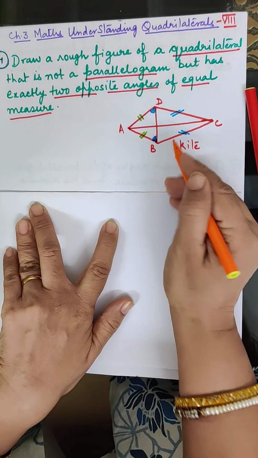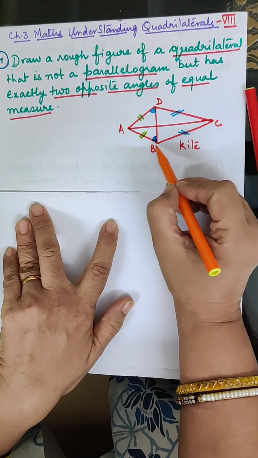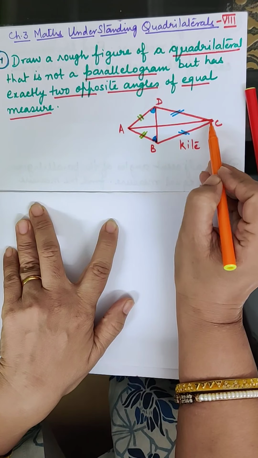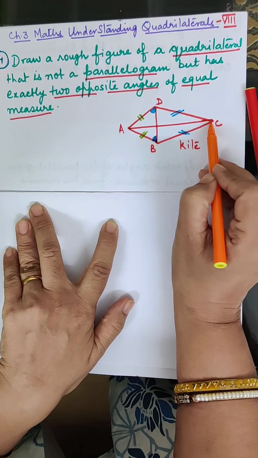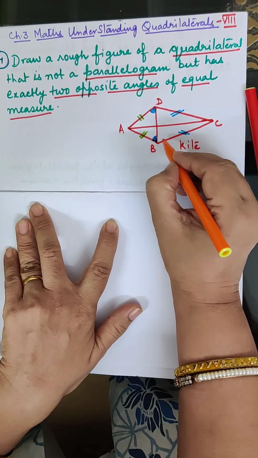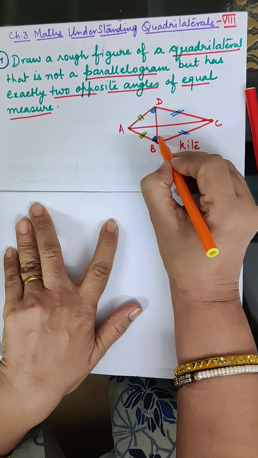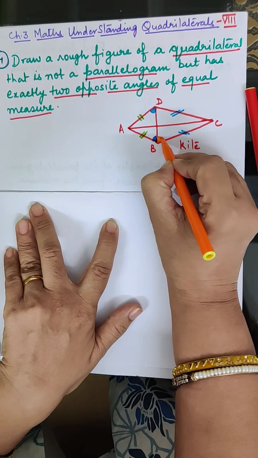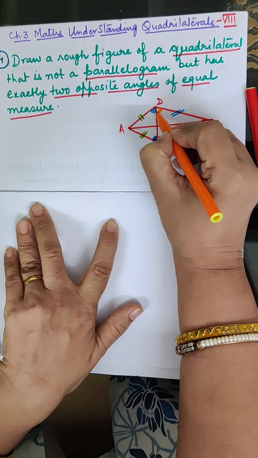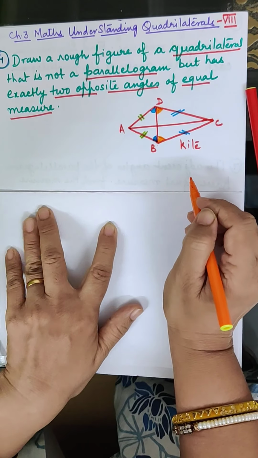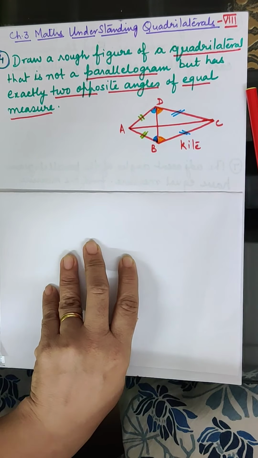Again, now you take this triangle CBD. Here CB is equal to CD. Then this angle is equal to this angle. Again, isosceles triangle property. So what do you observe?